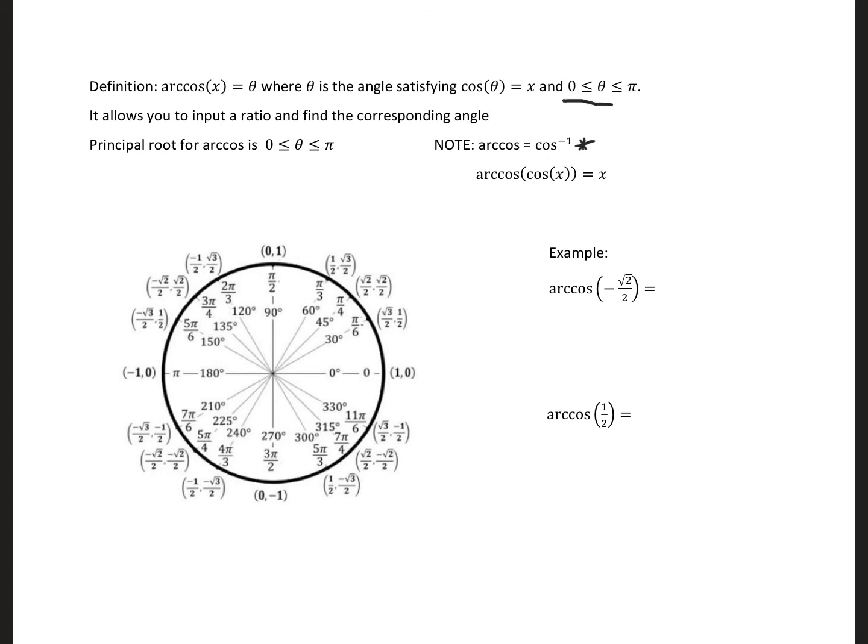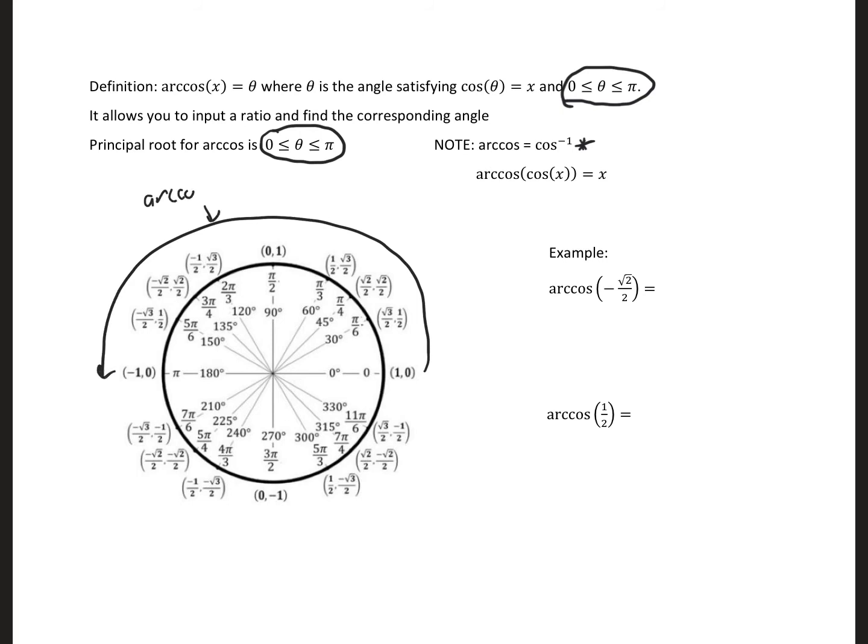But notice that we are only going to use from 0 to pi. We call that the principal root if we're talking about an arc cosine or a cosine function. So from 0 to pi, we're only using this region for arc cosine.